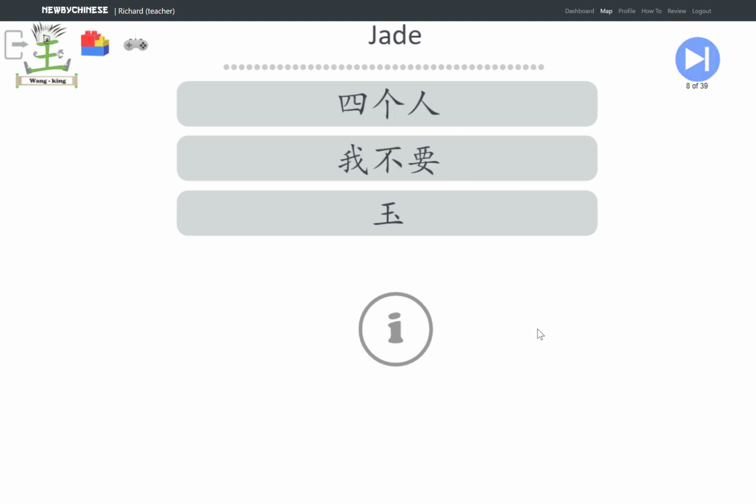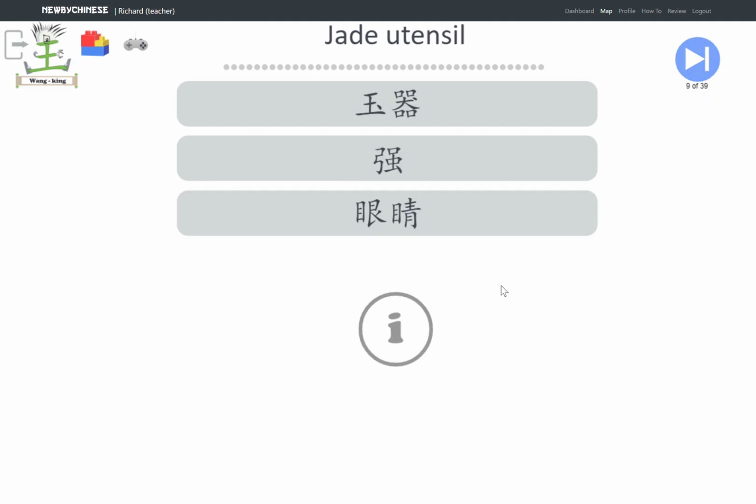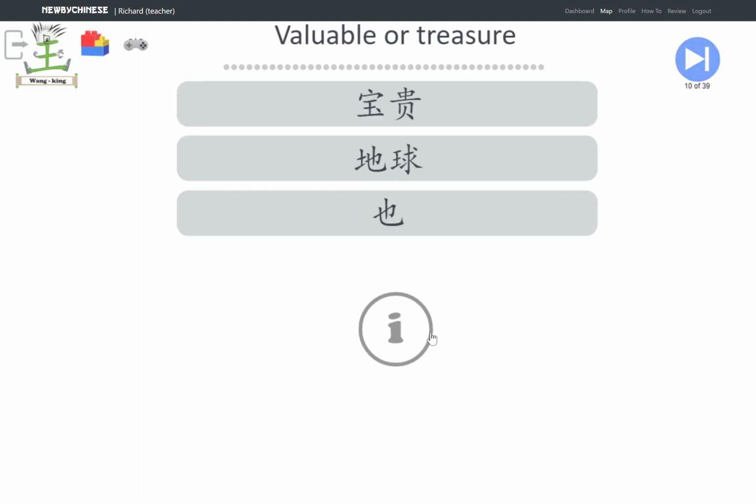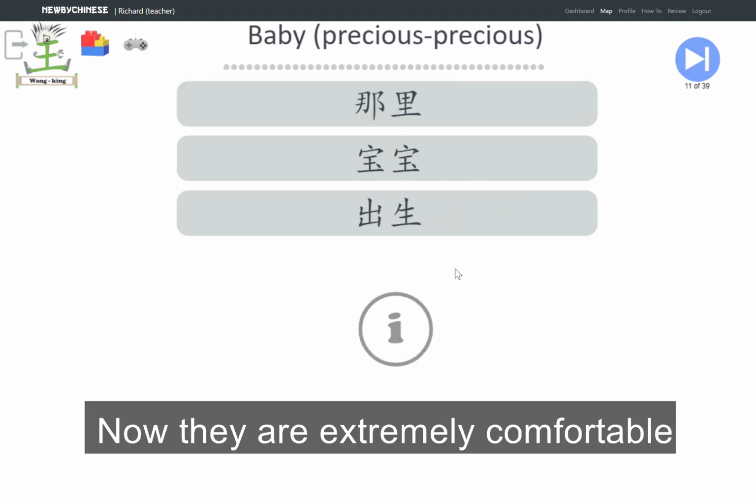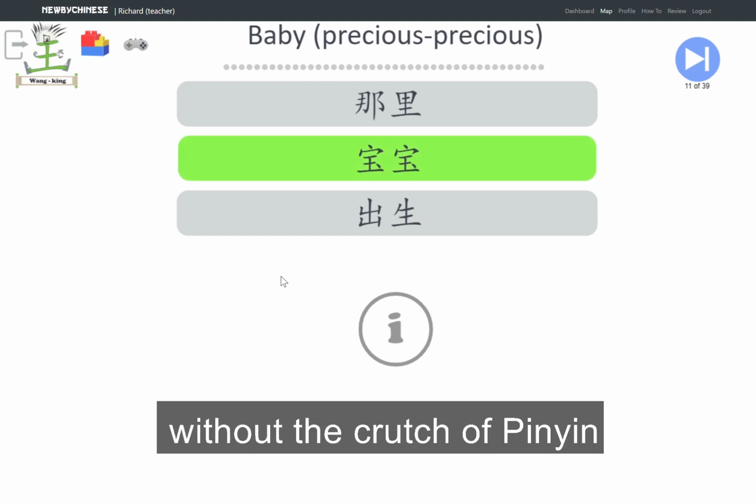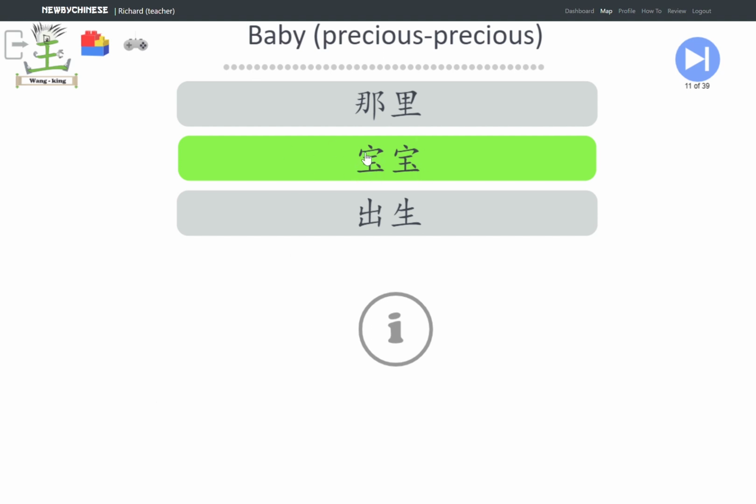Let's move on. Jade. Oh, I've forgotten. Jade. Okay, there it is. Jade. Jade utensil. Easy. Valuable or treasure? Treasure. Oh, yeah. There it is. Now, they're getting extremely comfortable with looking at Chinese characters. And you can use this as a discussion page where you're talking about the real world usage of like bao, bao, bao.